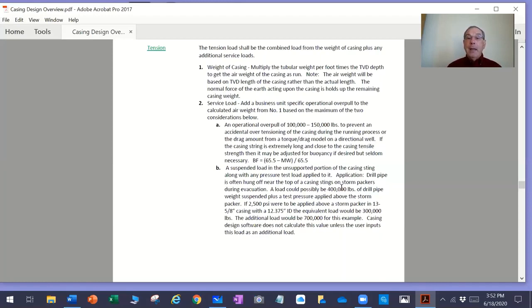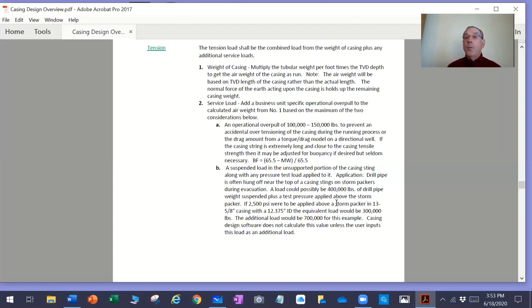The combined additional load that I would put on top of this would be 700,000 pounds from the drill pipe weight to pressure load. And like I say, that number is not listed on anything.